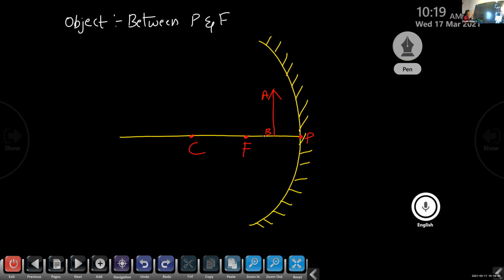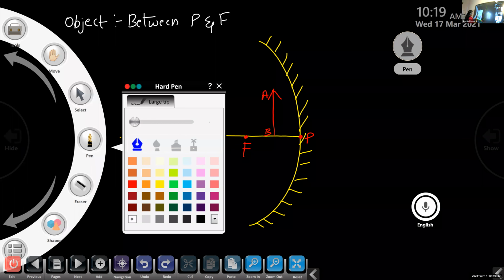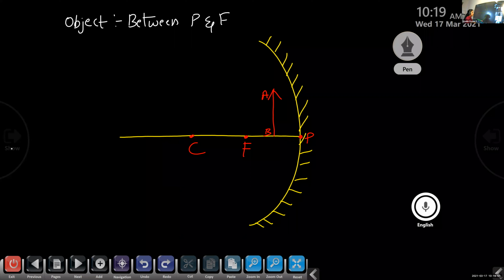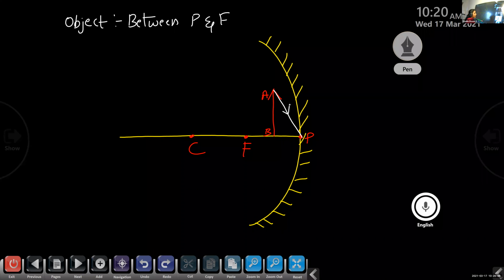After that, we want to consider at least two rays to draw the ray diagram. In the first case, we use the fourth rule. If a ray of light is incident obliquely on the pole, what happens to it after the reflection?